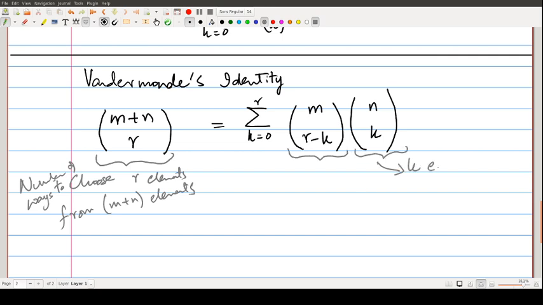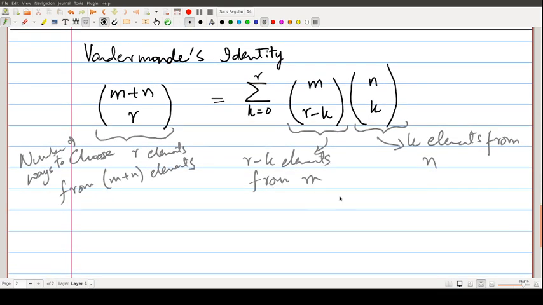You're selecting k elements from n, and you're selecting r minus k elements from m, and if you add them up, how many are you selecting? r minus k plus k elements. So that's simply you're selecting r elements from m plus n. But then the question is, where did this summation come from, right?